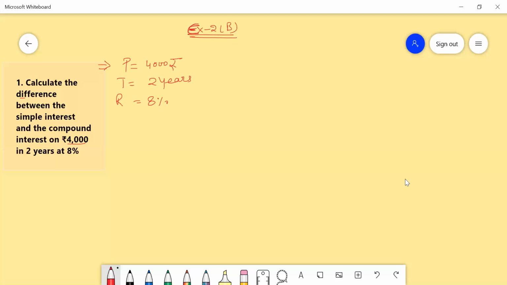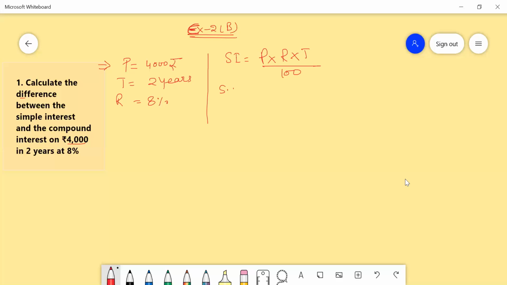Firstly we have to calculate the simple interest, because we calculate both simple and compound interest. What is the formula of simple interest? It is principal, rate of interest, and time upon 100.